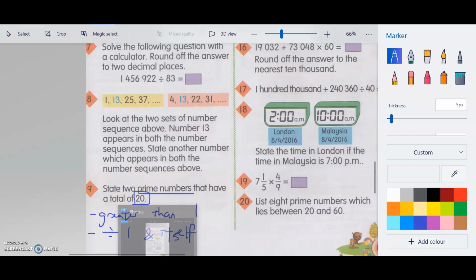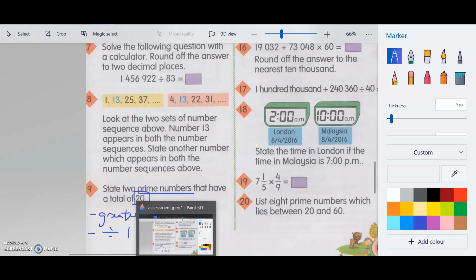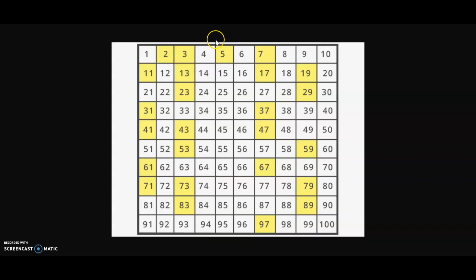If we look at this chart over here, all these highlighted boxes are prime numbers. 2, 3, 5, 7, they are all bigger than 1 and they can be divided by 1 and themselves only. They cannot be divided by any other number. So which numbers, when we add up, we get 20?